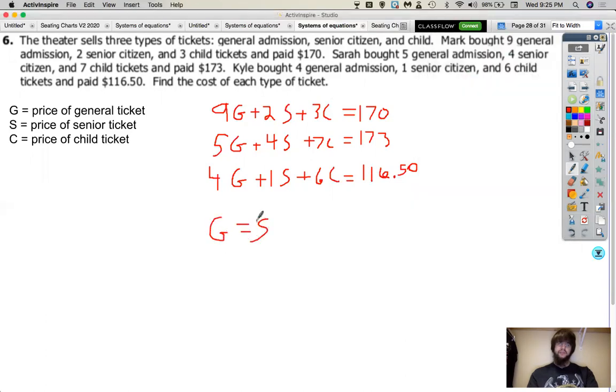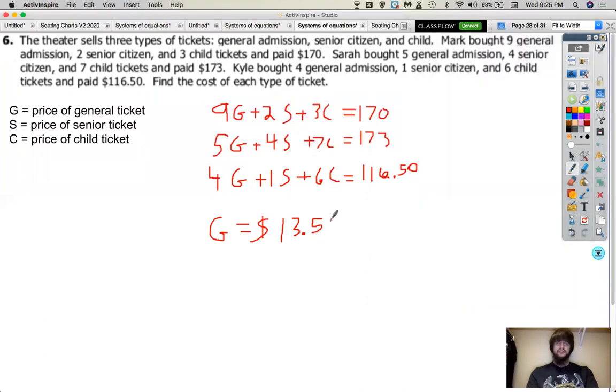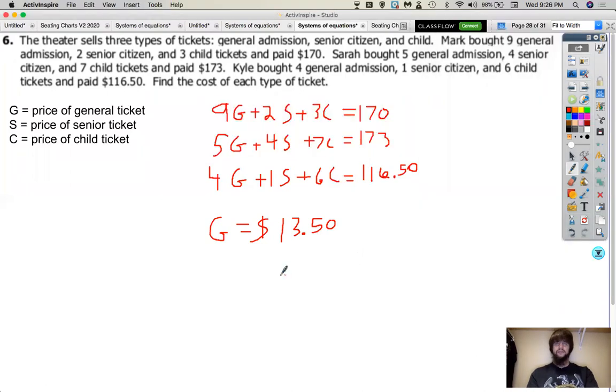Oops. Here, the dollar sign only has one of these little things. I always put 2, whatever. 13.50. Notice the calculator gave me 13.5, but we're dealing with money, 2 decimal places. That's the same thing as $13.50. Hit it again. 11.50.